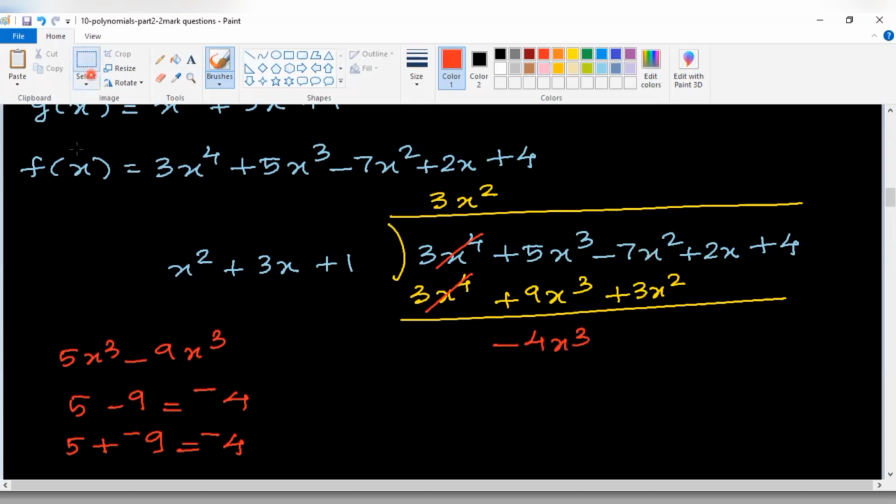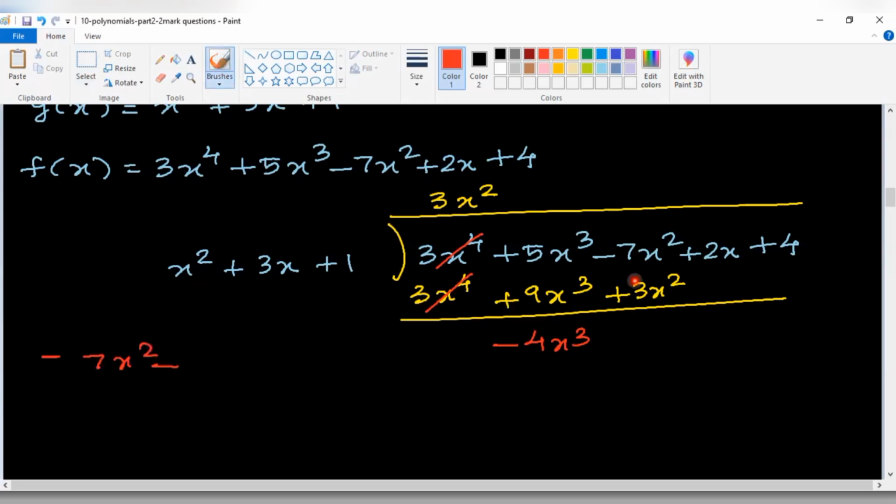Then minus 7x square. See, the next one is also like that. Minus 7x square minus 3x square. See, we can write it as minus 7x square plus minus 3x square. Whenever we are getting confused with a negative sign, we can split it like plus minus. See, plus and minus together is minus itself.